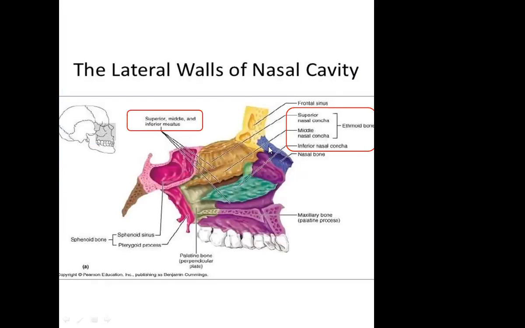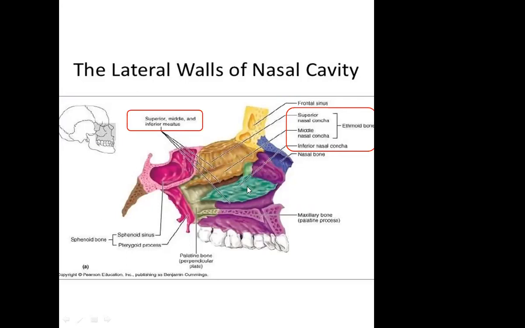Here you can see, this violet color is the nasal bone. This is the nasal process of frontal bone. Then this yellow one is the superior concha, and this is the middle concha. These two are parts of the labyrinthine part of the ethmoid bone. This green one represents the inferior nasal concha.